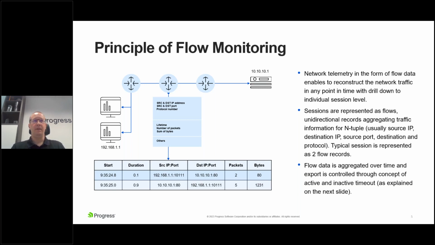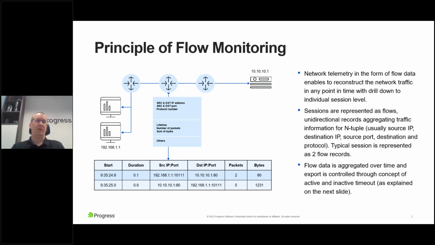And as you can see, these individual flow records represent unidirectional traffic, meaning all packets with the same source IP, source port, destination IP, destination port, and protocol will be aggregated into a single record.